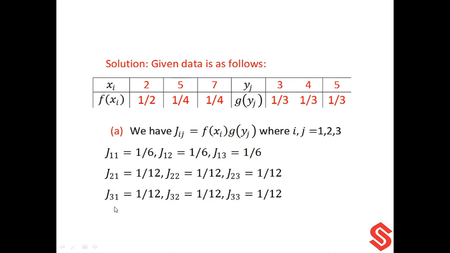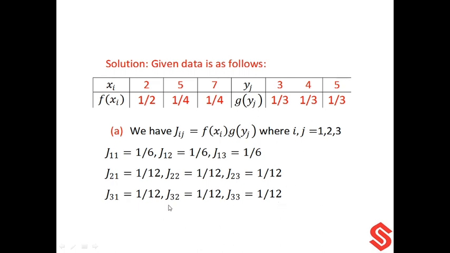Next J31. J31 is f of x3 g of y1, 1 by 4 into 1 by 3, 1 by 12. J32, f of x3 g of y2, again 1 by 12. J33, f of x3 into g of y3, 1 by 4 into 1 by 3 is 1 by 12.